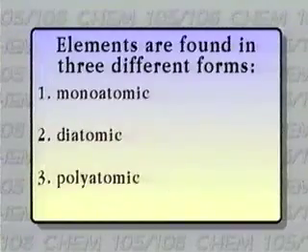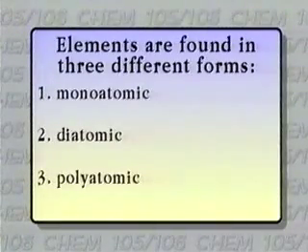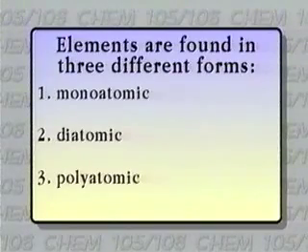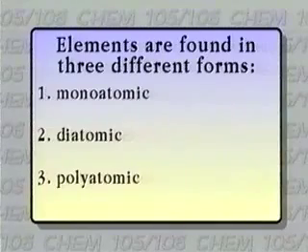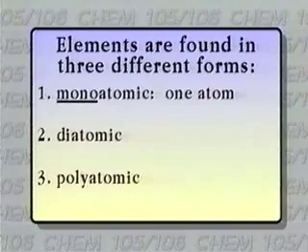All right, as I was beginning to say, the elements actually turn out to be found in three different forms, which we call monoatomic elements, diatomic elements, and polyatomic elements. Now, looking at the prefix, mono means one. One atom elements.